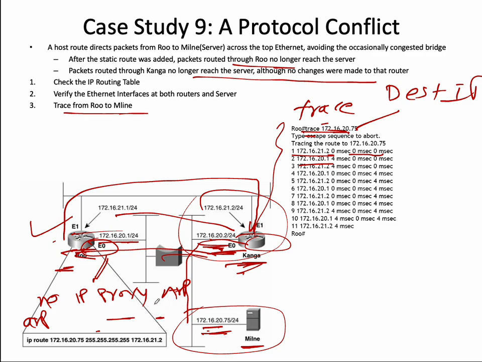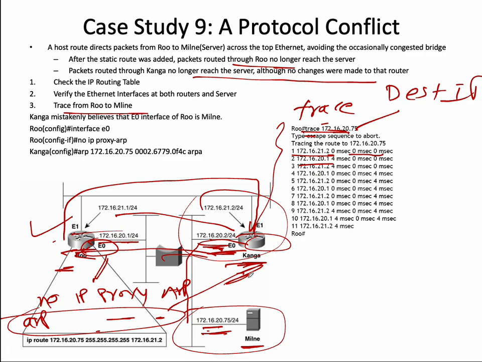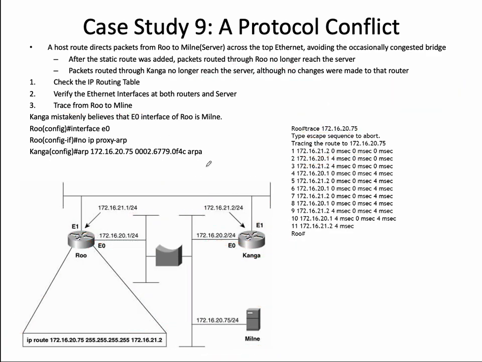That's what you need to configure, no IP proxy ARP, and you need to configure the ARP address here on Kanga. So this is what you do, right?